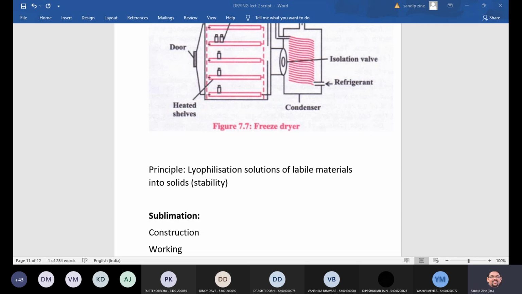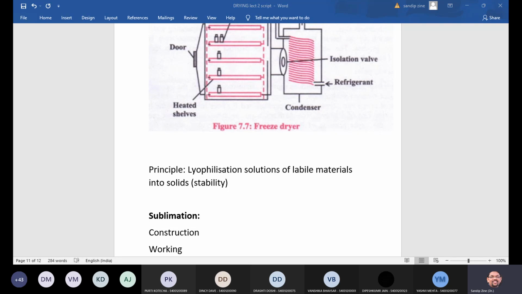Any one of you? Camphor. Camphor, that's perfect. Who answered this? Yes, sublimation, a well-known example is camphor. So we can think in that way.